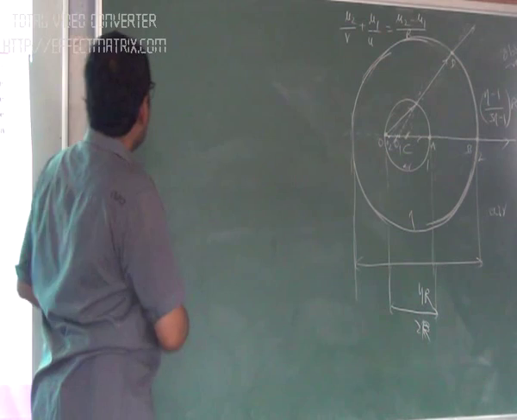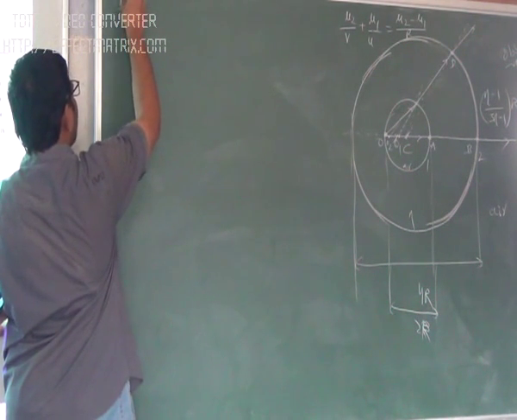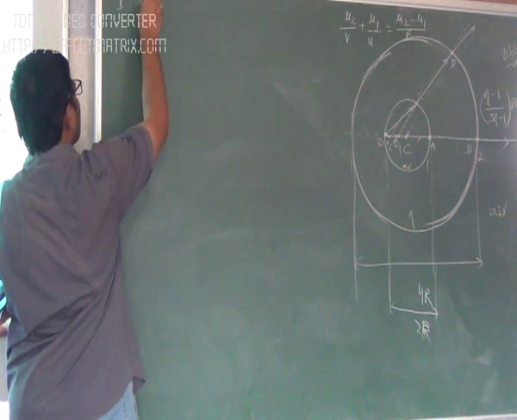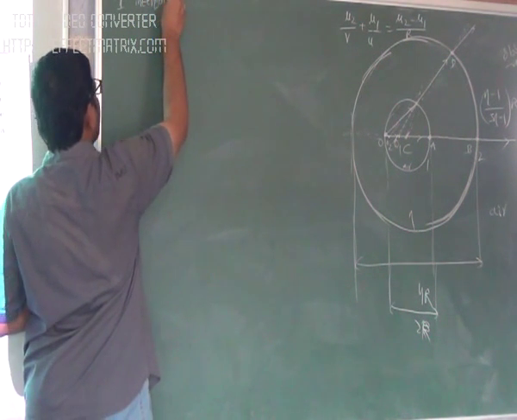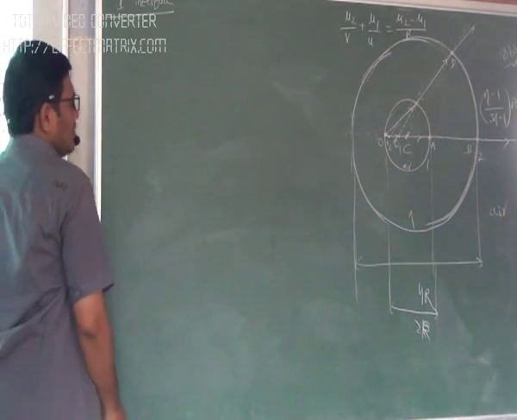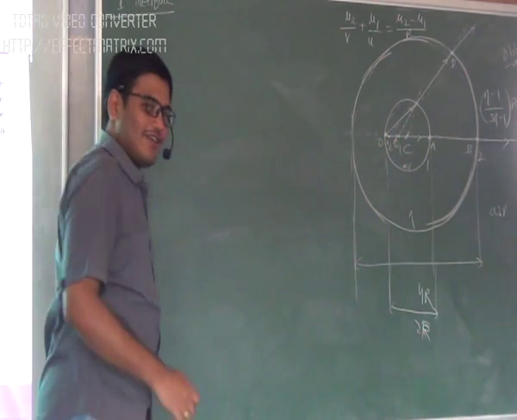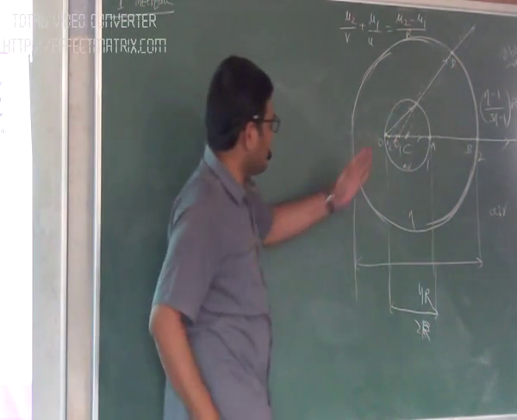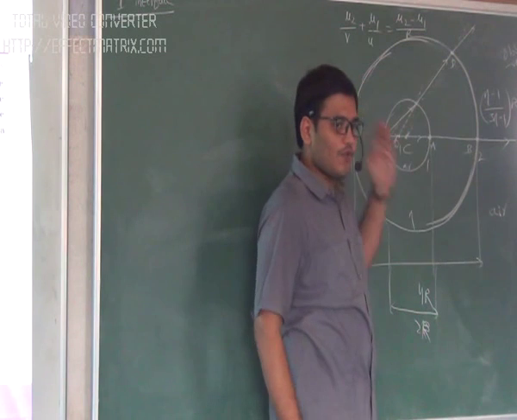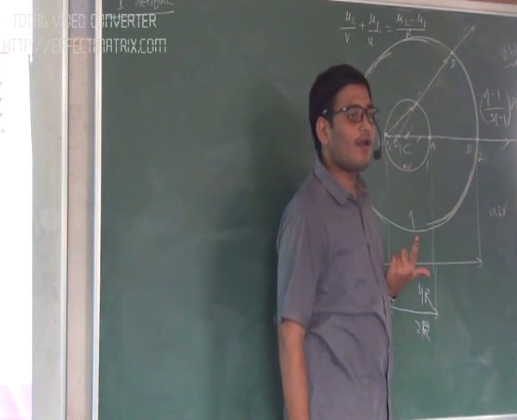Okay, right? Now, at the first interface, what are we going to get? This is mu1, this is mu2. For the first interface, can you say what is mu2? Mu2 is mu, mu1 is 1.